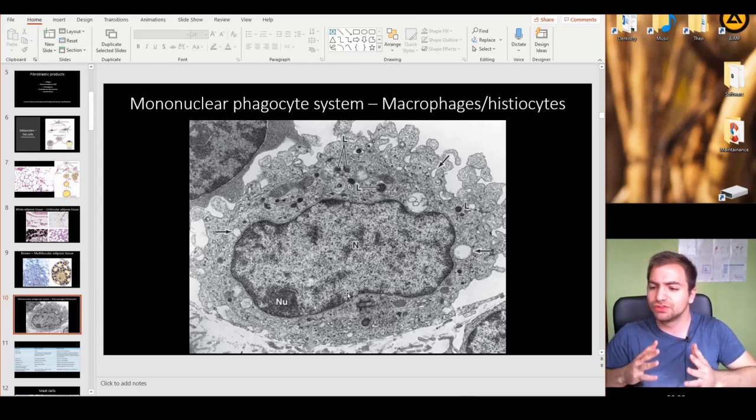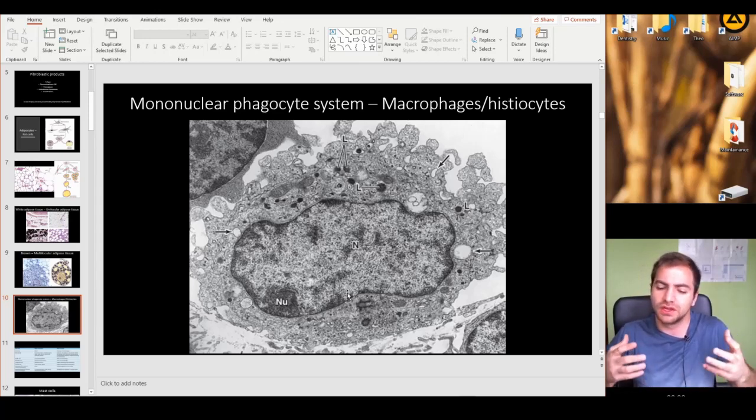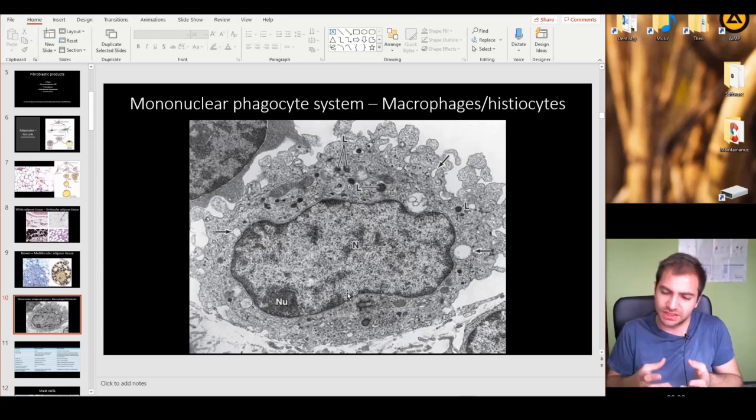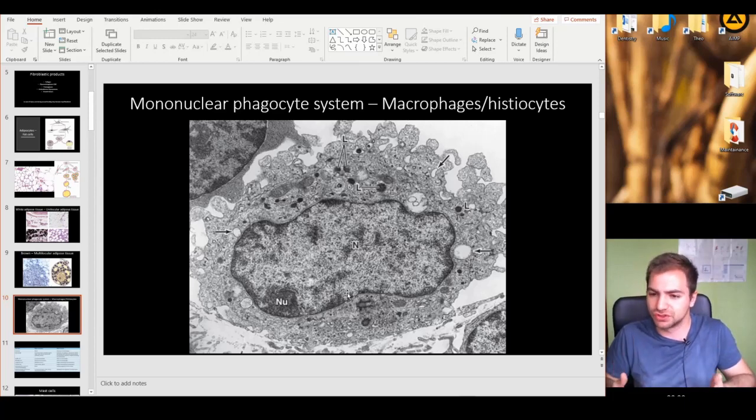They are very flexible cells with a very wide variety of functions, and this is why we call it a system, because we can see the many different forms of the monocytes within the system performing almost similar functions in all the cases.